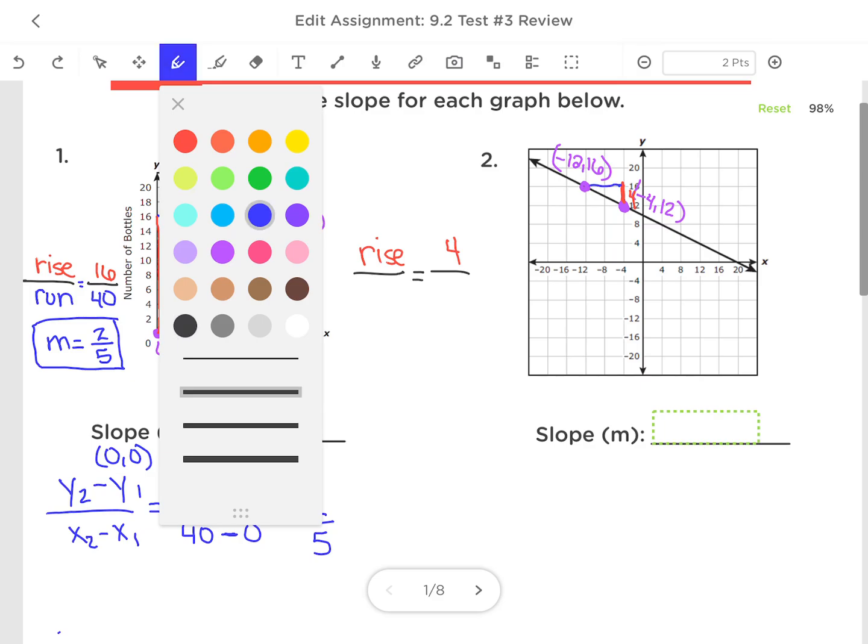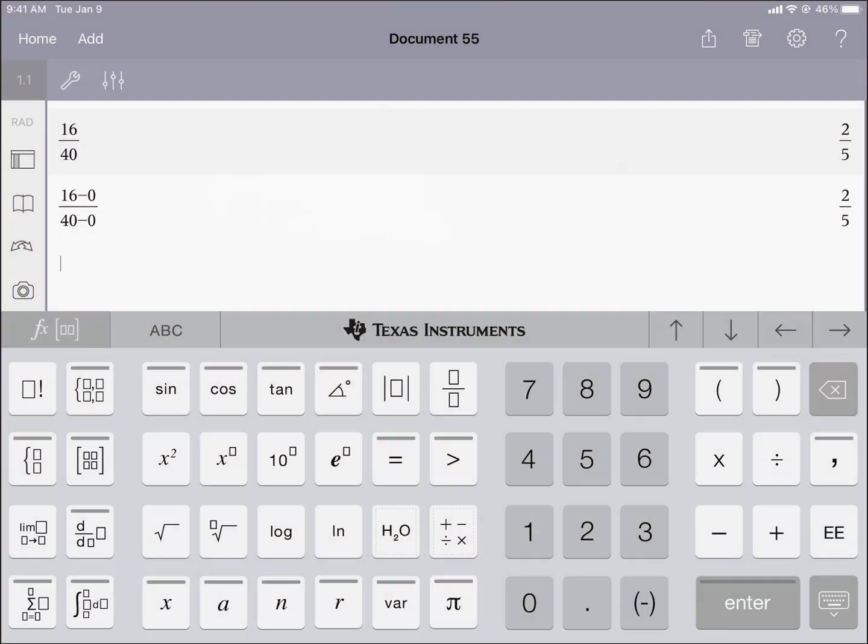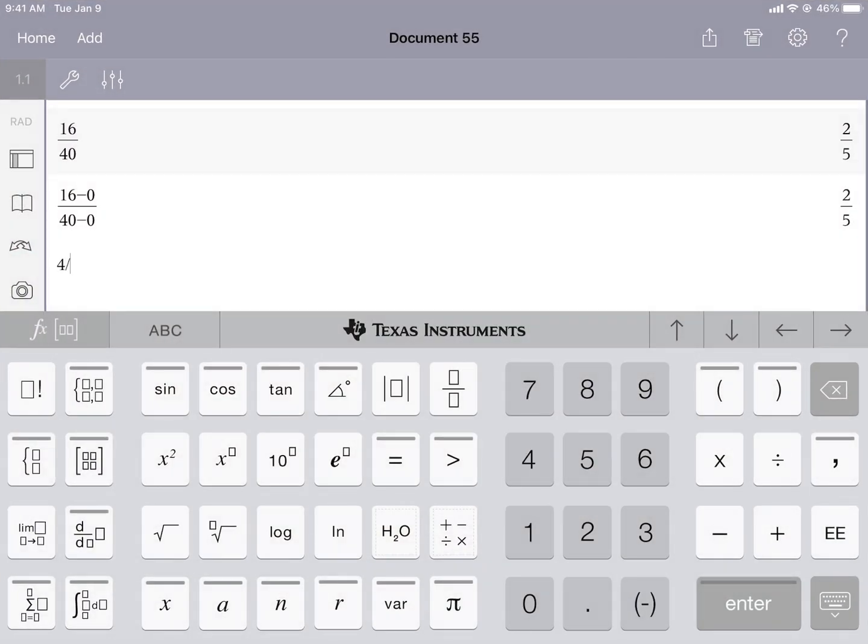My run, I'm going from negative 4 to negative 12, so that'd be negative 4, negative 8. So that was my run. I again type it into my calculator to have it simplified for me. So 4 over negative 8, 4 divided by negative 8, we get a negative 1/2.